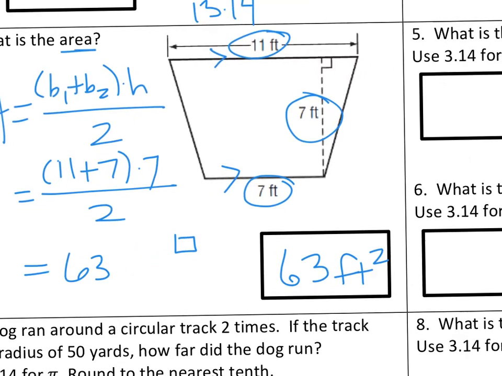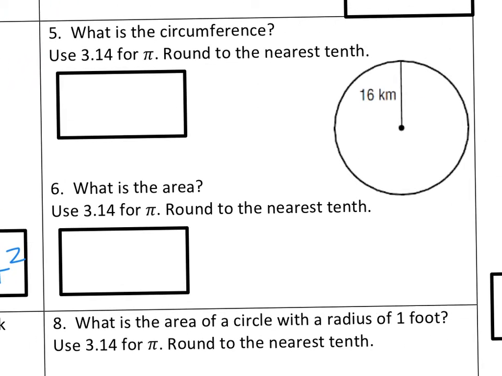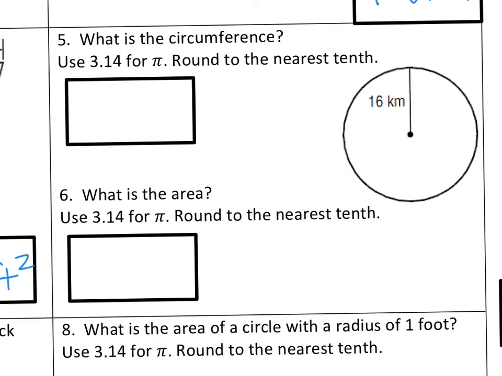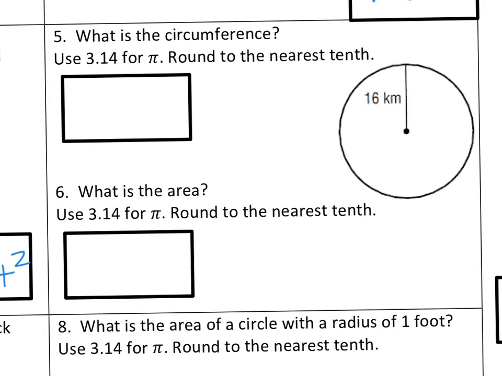Alright, how about number 5? Here we are into circles. What is the circumference of this circle? It says use 3.14 for pi and round to the nearest tenth. Well, circumference has a formula, and I see they give us the radius, so here's the formula I would use for circumference given this picture.